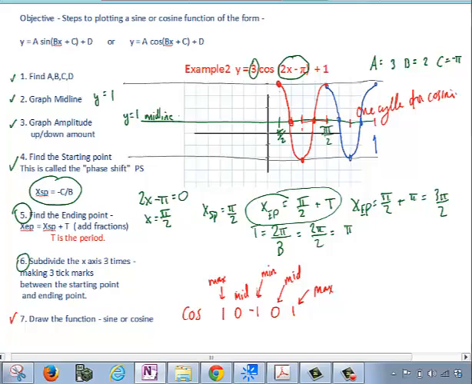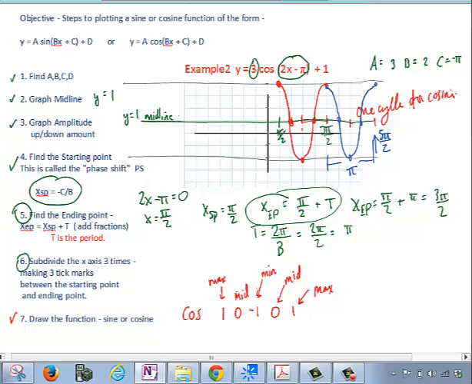If we asked you for what this value was, you would add one more period to 3 pi over 2. So you'd be adding another pi to that, and that would end up being 5 pi over 2. You have to make sure that you know how to add fractions with radians to get those values right.